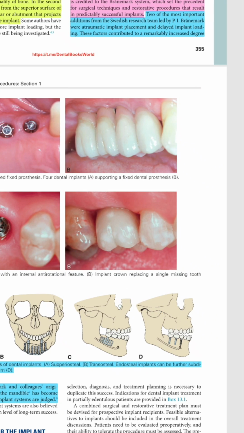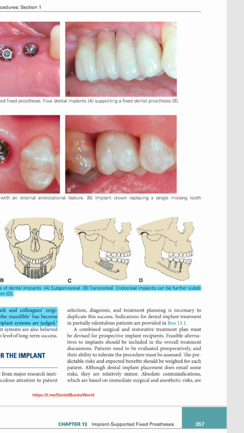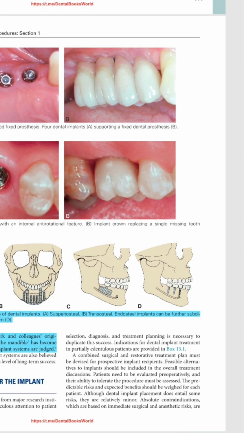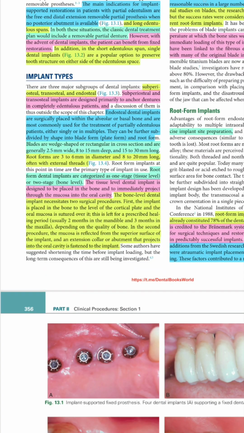We will discuss the endosteal implants, which are embedded within the bone. The previous structure was the blade, which is no longer used, and the most common one now is the root shaped.